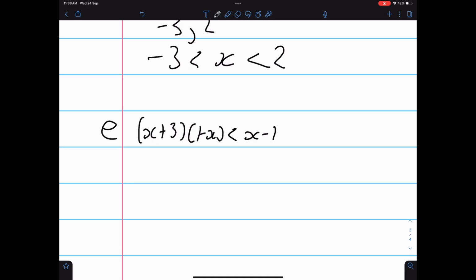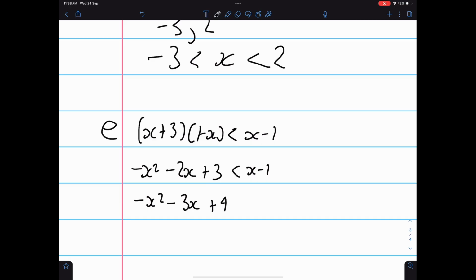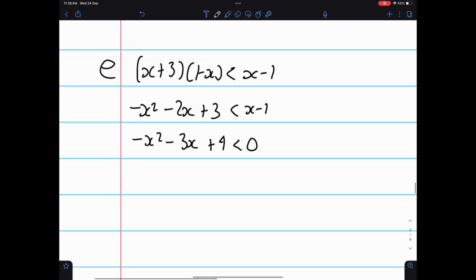Okay, now we have this. And we should expand x. Right, minus x squared minus 3x plus x minus 2x plus 3 less than x minus 1. And then I'll just move everything over to the other side so the factoring will be easier.